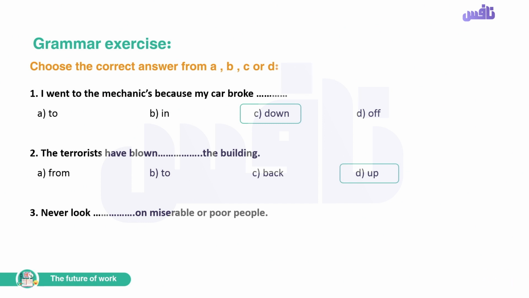Never look on miserable or poor people، يعني لا تحتقر أبدا التعساء والفقراء. هنقول بالإنجليش never look، yes bravo، look down on.